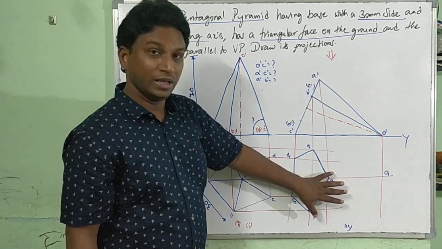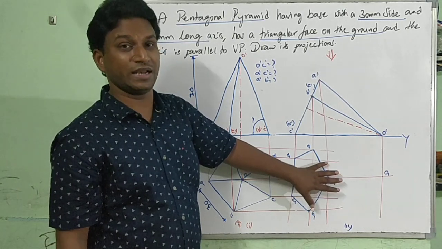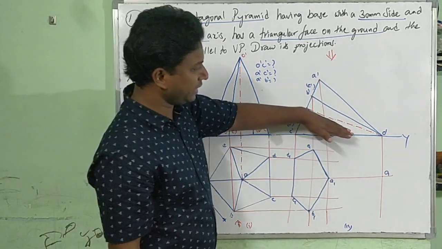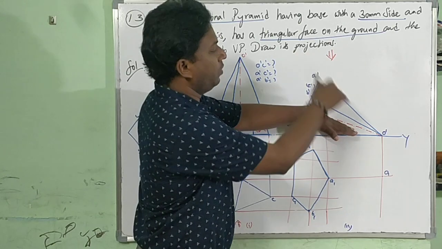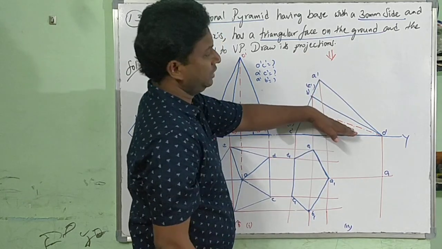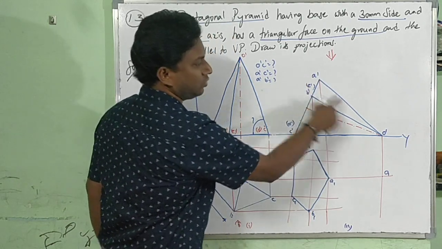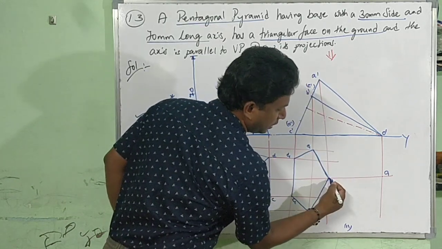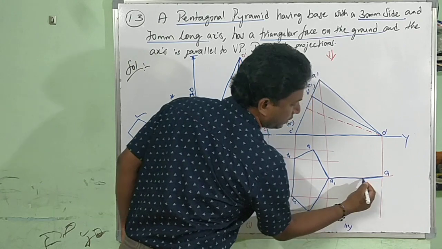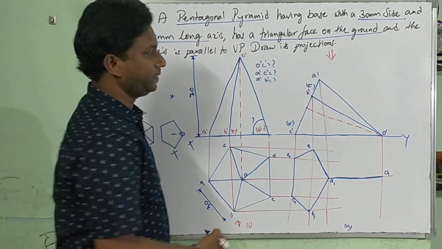Those are the clearly visible thick slant edges in the top view. Above the axis line, O dash, A dash is clearly thick. That becomes here A1, O1, thick slant edge.